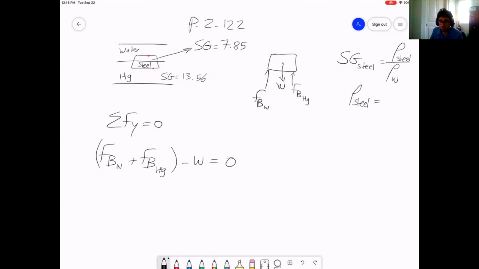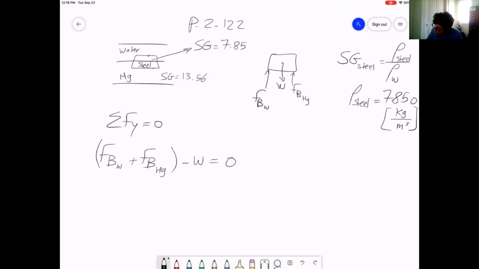What's the density of water? 1,000, or 998, but let's use 1,000. So 7,850. And what are the units? Kilograms over meter cubed, yes, because it's mass over volume.